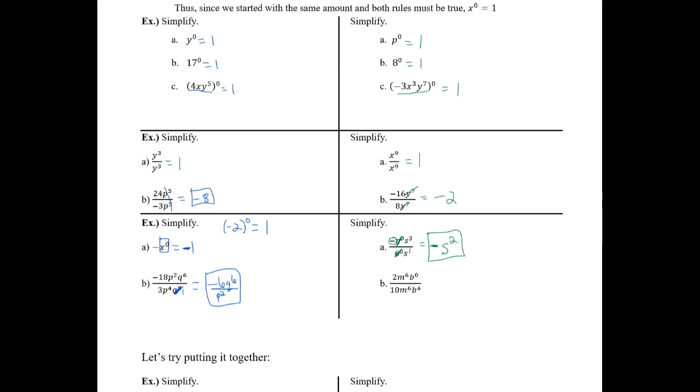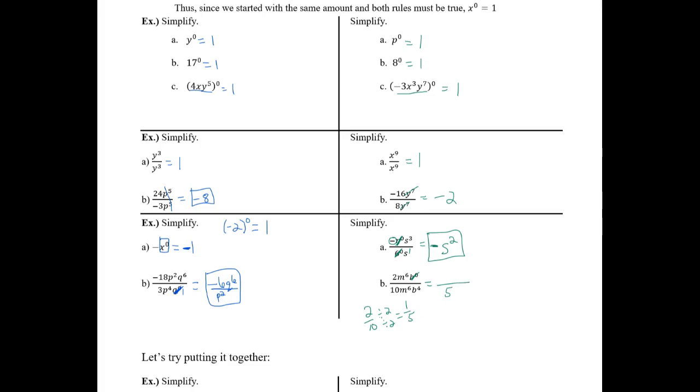Last one. B to the 0 is 1. I cross it out. 2/10. So a 2 will divide out of numerator and denominator, and I end up with 1/5. So that 5 ends up in the denominator.